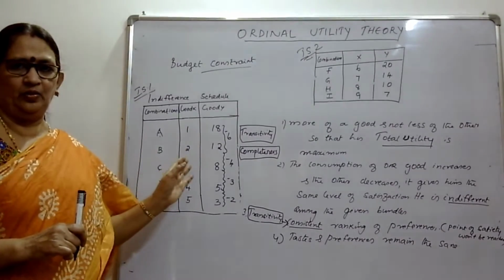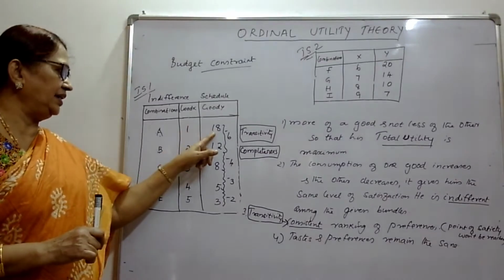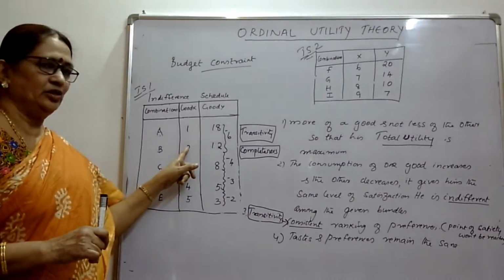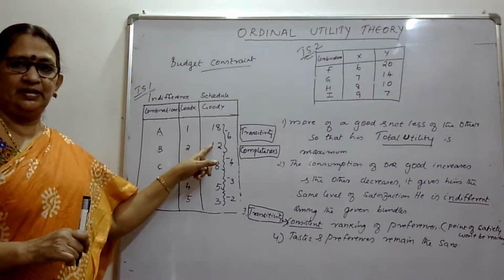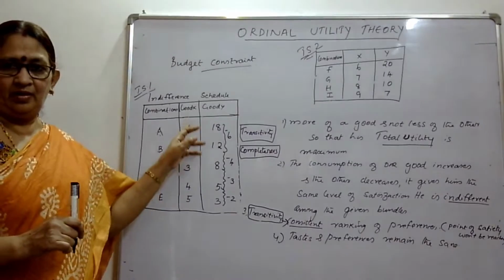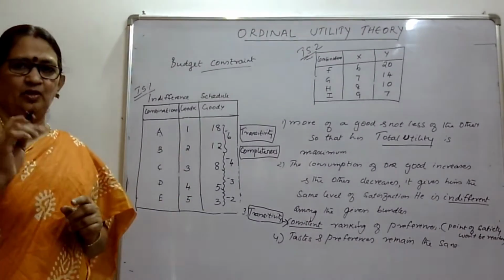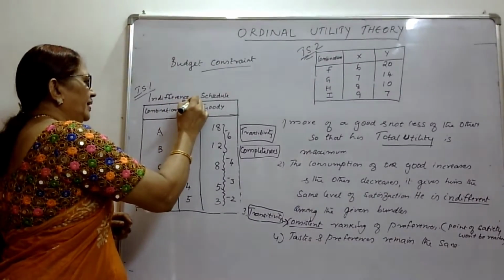So, what will he do? First, he thinks only 1 unit of X and 18 units of good Y. Okay, now I will consume 1 more unit of good X. So what is to be sacrificed? The consumption of Y commodity is to be sacrificed. First, he is sacrificing 6 units of orange. Let X be apple and Y be orange.